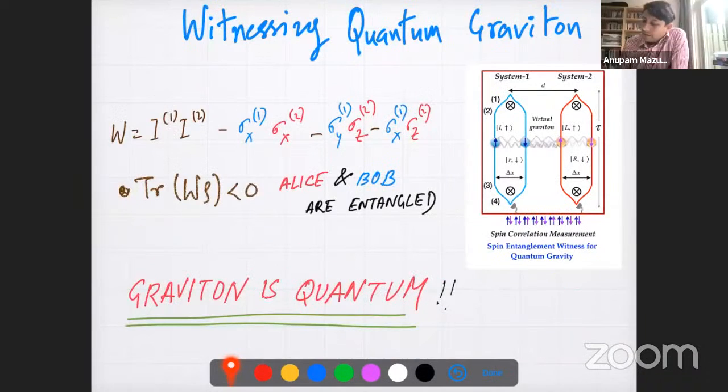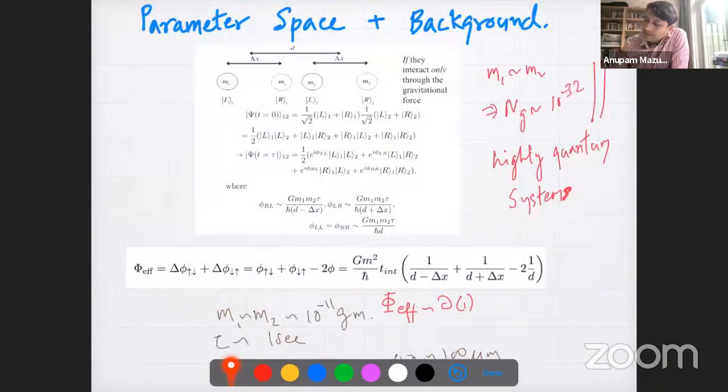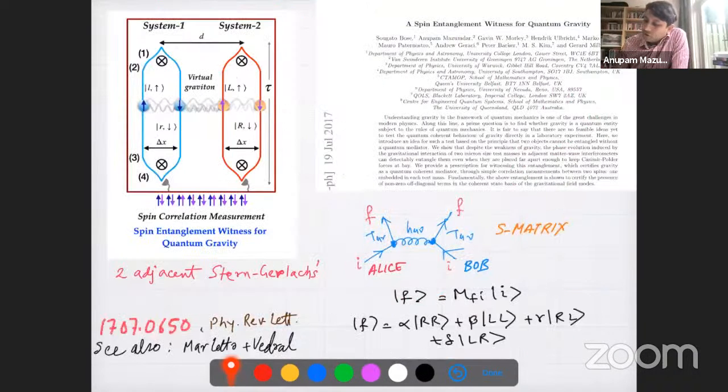I see. Yeah. So this is the idea, a very simple idea. You take two Stern-Gerlach apparatus, and this Stern-Gerlach apparatus mimics your vertex, where you bring two masses. So essentially, in LHC, you take protons and you collide them. LHC is a very high energy collider, but here it's a very non-relativistic collider.